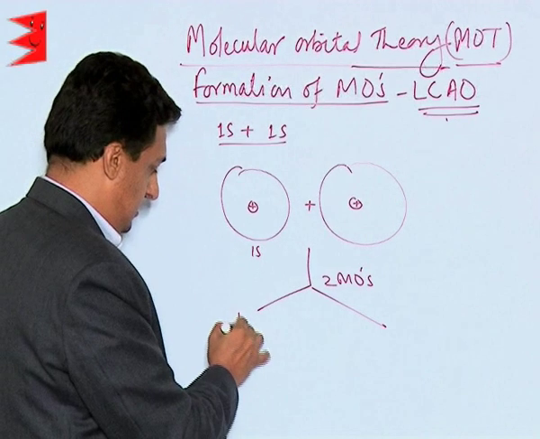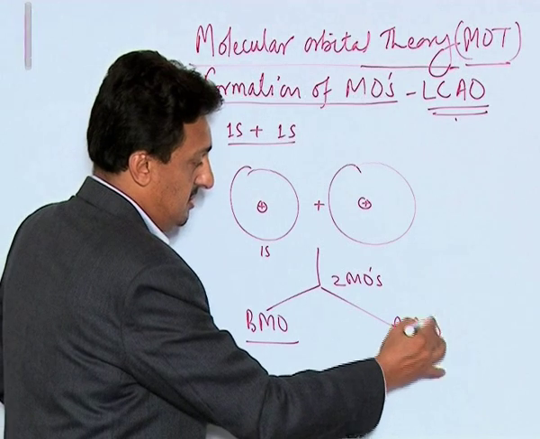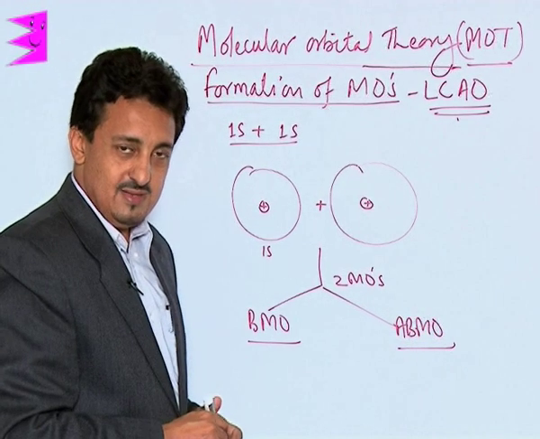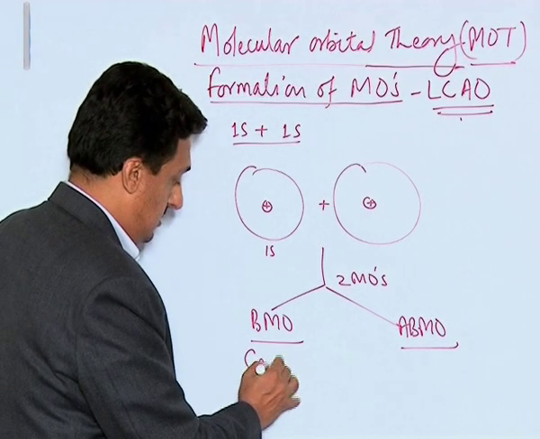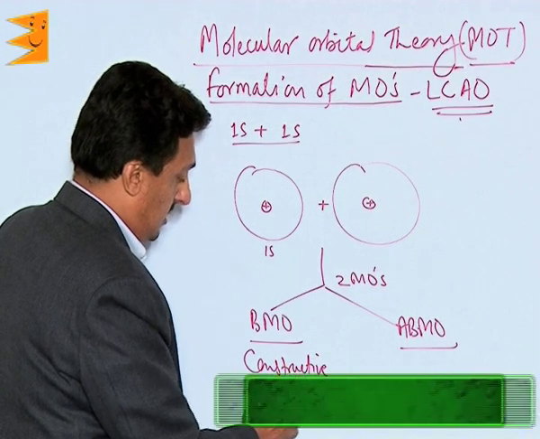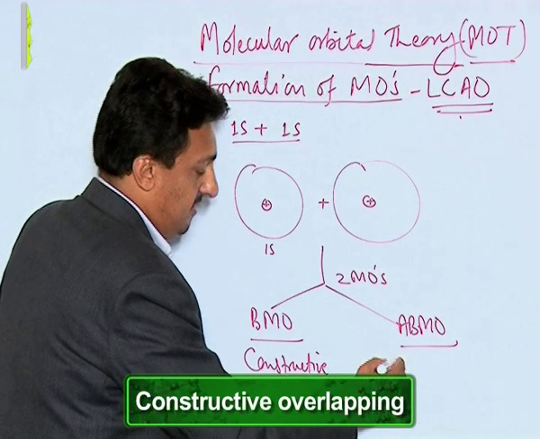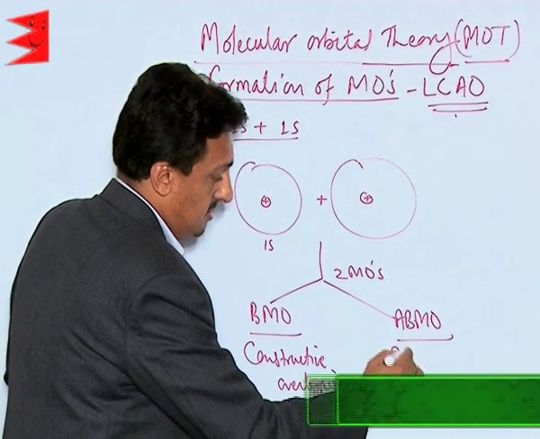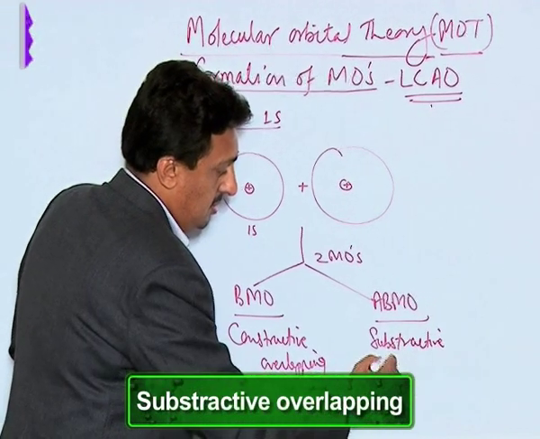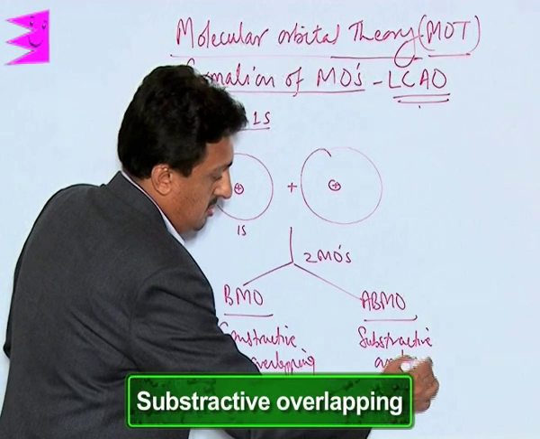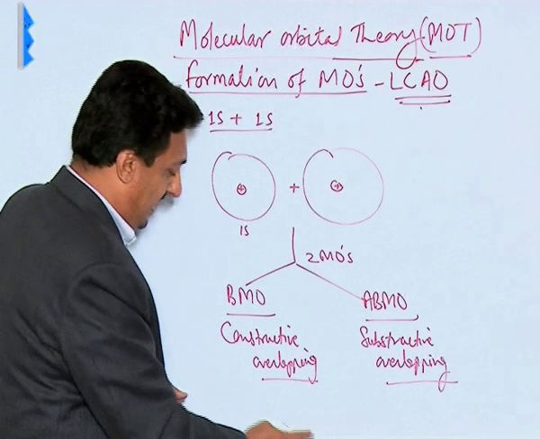One is called bonding molecular orbital, the other is called anti-bonding molecular orbital. Bonding molecular orbitals are formed by the constructive overlapping, whereas anti-bonding are formed by the subtractive overlapping. How does this constructive overlapping take place?